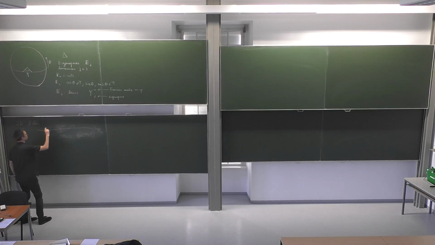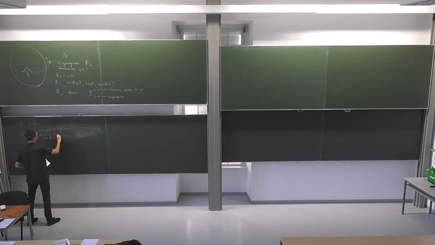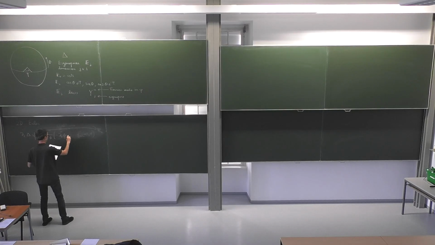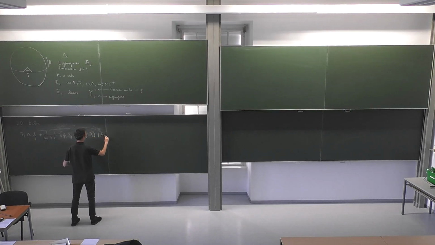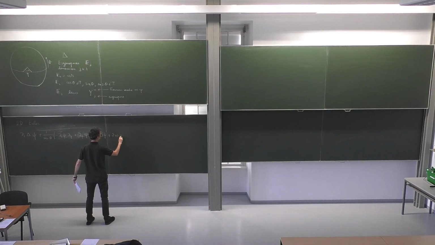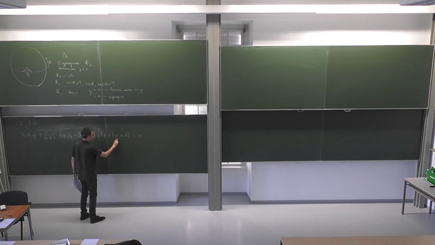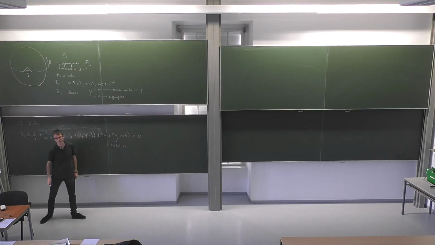So for the stream function psi, it can be written as follows: and here omega is the rotation speed of the frame of reference we are considering.